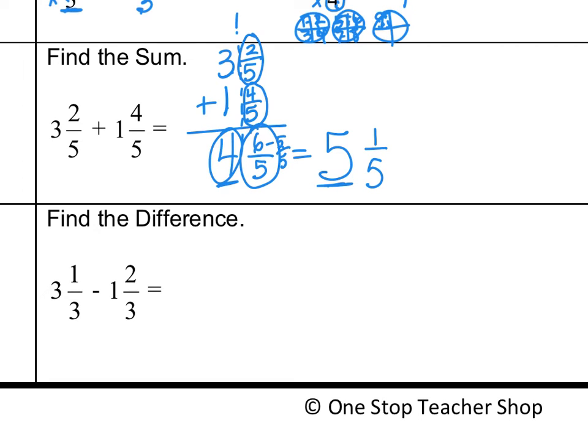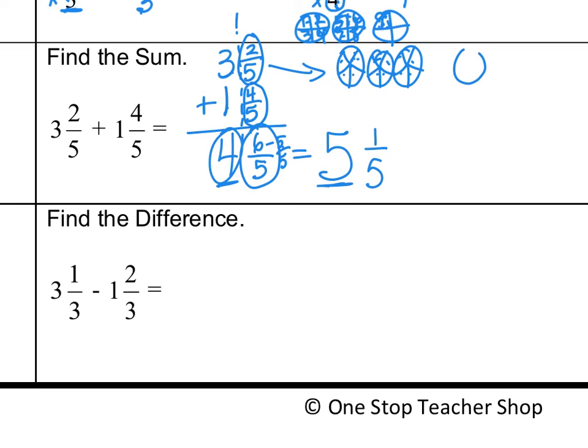Now to show you in pictures what that would look like, I have to draw the top number. And it was 3 wholes. And they were divided into fifths. So I'll do my best. Let's see. Skinny, 3, 4, 5. So there's 3 wholes that are divided into fifths, and I'm talking about all of them.